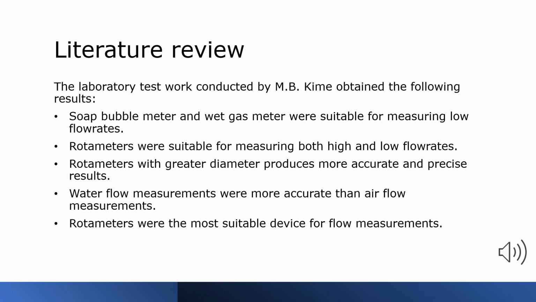Rotameters with greater diameter produced the more accurate and precise results. It was also observed that water flow measurements were more accurate than air flow measurements. Overall, the report had concluded that rotameters were the most suitable device for flow measurements, as they were able to accurately measure results for a wide range of flow rates.